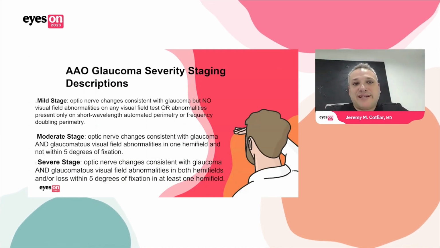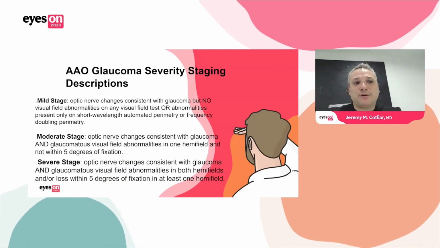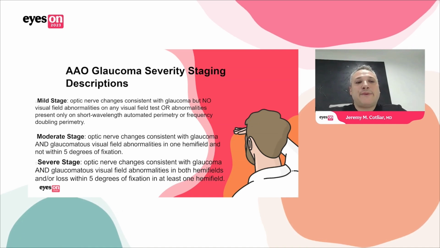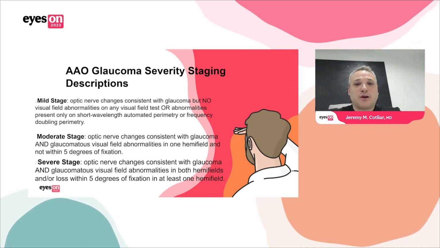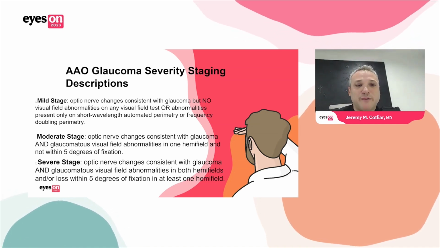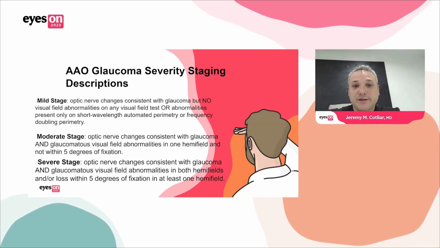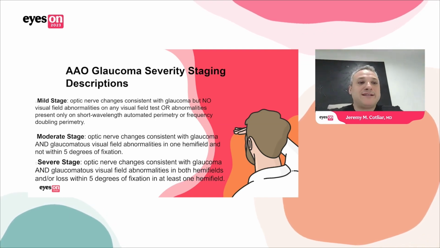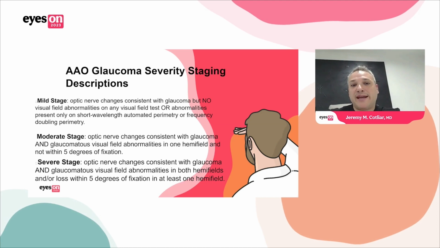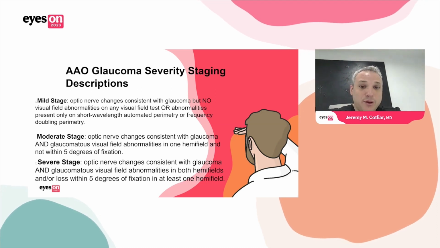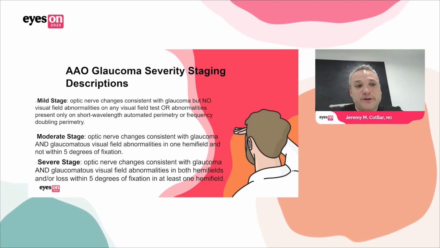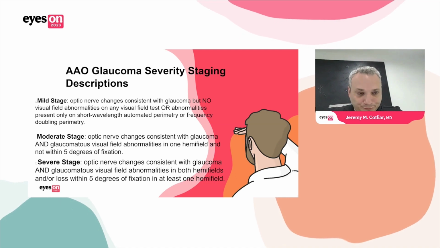AAO glaucoma severity staging descriptions. So mild glaucoma is indicated by optic nerve changes consistent with glaucoma, but no visual field abnormalities on any visual field test, or abnormalities are present only on short-wave automated perimetry, SWAP, or frequency doubling perimetry, FDP.